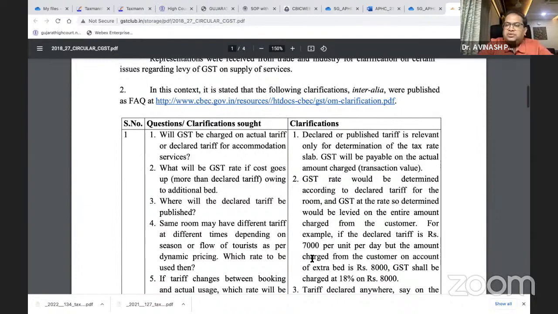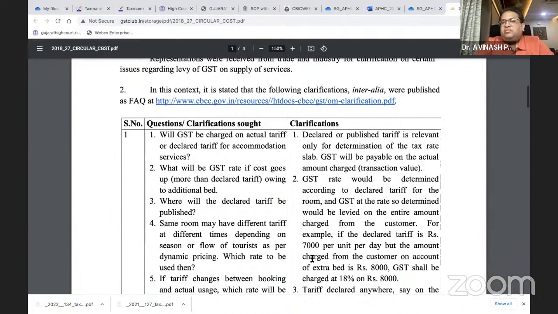In that case, the question arises whether the GST rate of applicability would be 28%. And if yes, then what will be the value on which the tax has to be paid? Whether it is to be paid on the 8,000 rupees, which is the declared tariff, or on the 6,000 rupees, which is the amount actually being collected for these services.